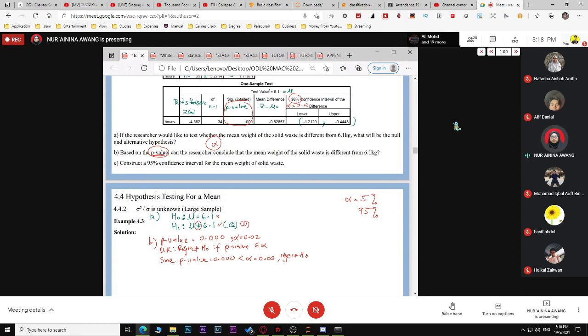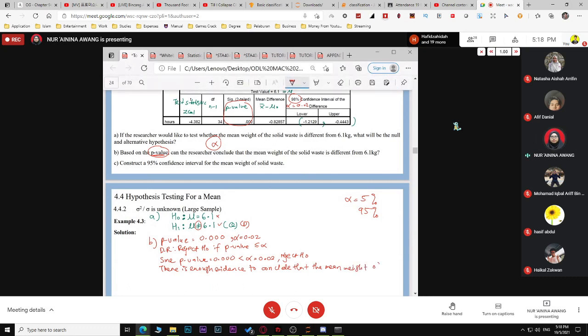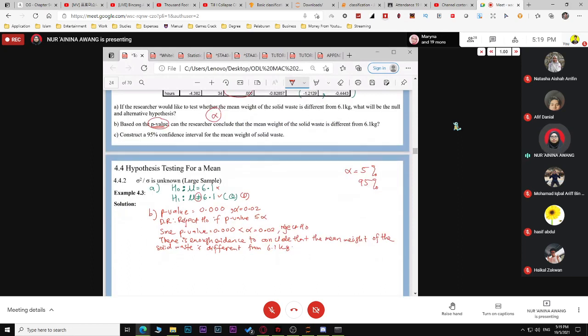So your conclusion: there is enough evidence to conclude that the mean weight of the solid waste is different from 6.1 kilogram. Make sure that when the question is like this, you go all the way to the conclusion. Don't stop halfway. Okay, so that is for B.